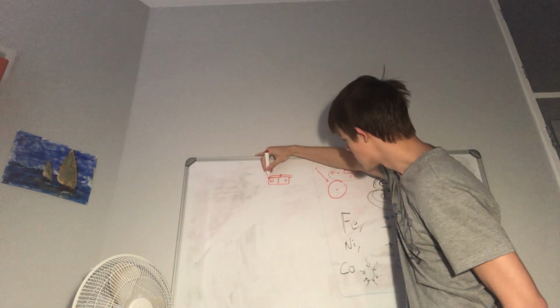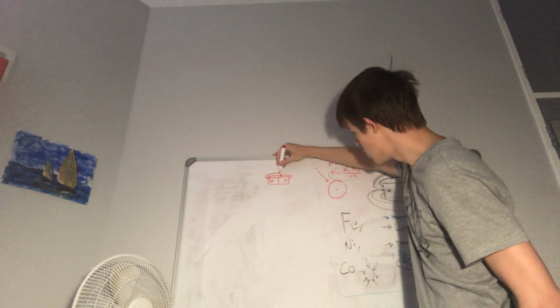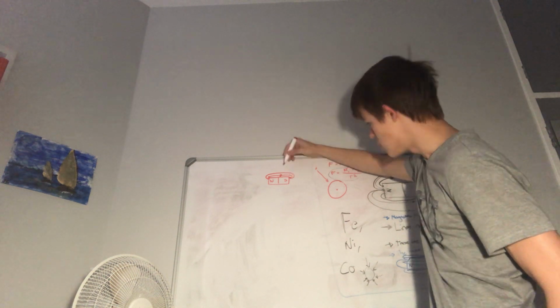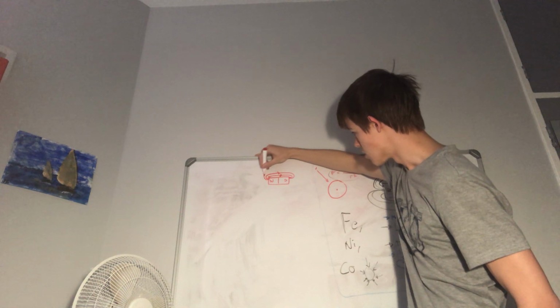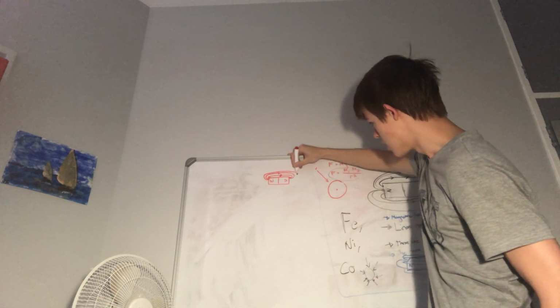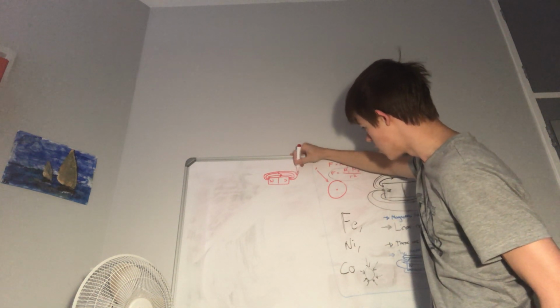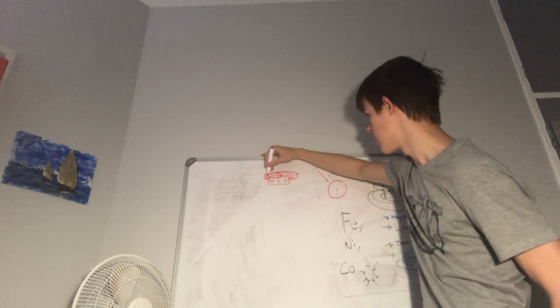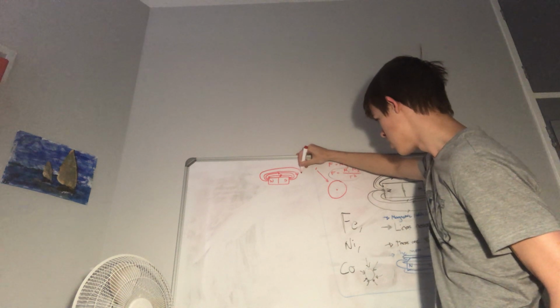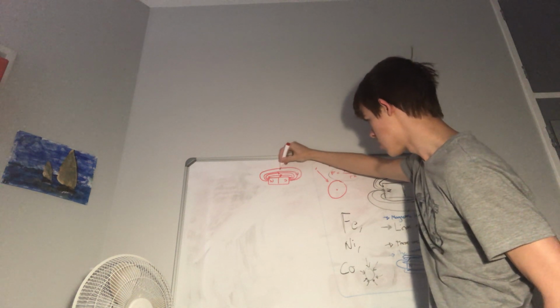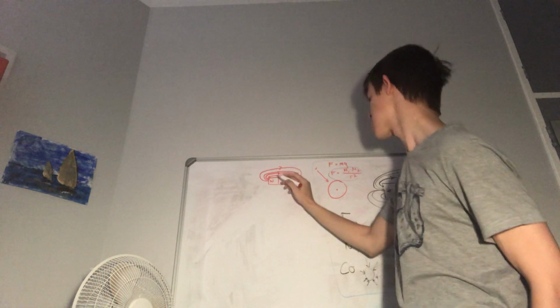You start at the North Pole, you go out and then in towards the South Pole. You can put your arrow anywhere on that line, though. Okay, now let's do the other side.